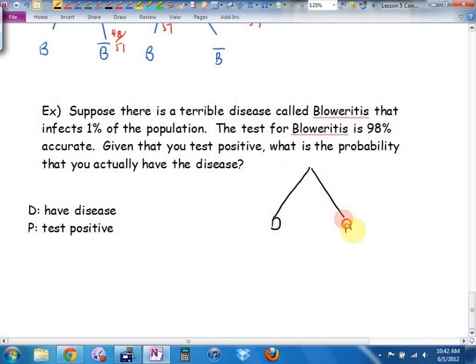Disease, not disease. What percent of the population has the disease? 0.01, 1%. So what percent does not? 0.99. Then you can test positive or not. Positive or not.